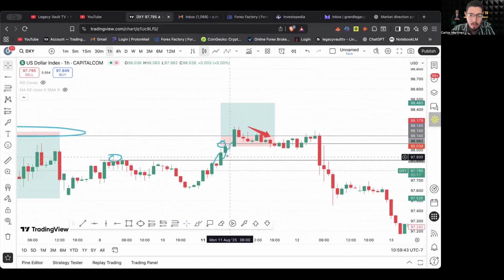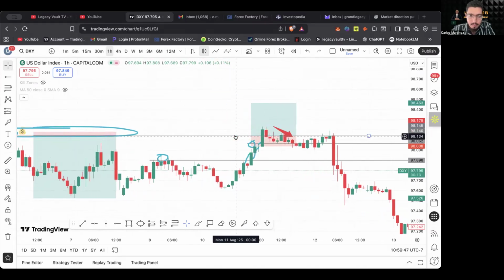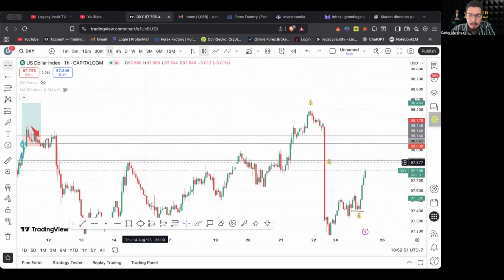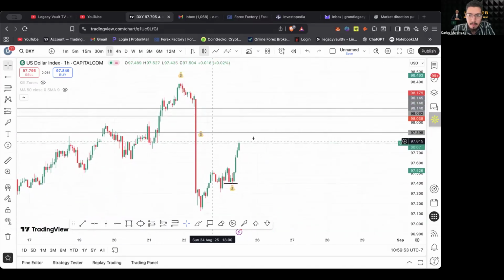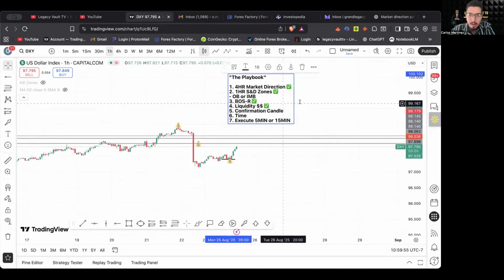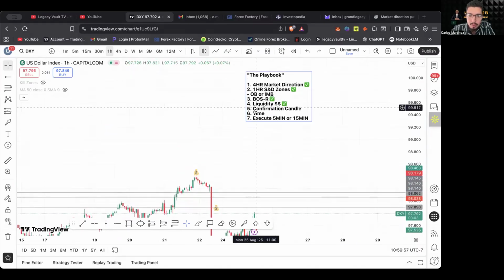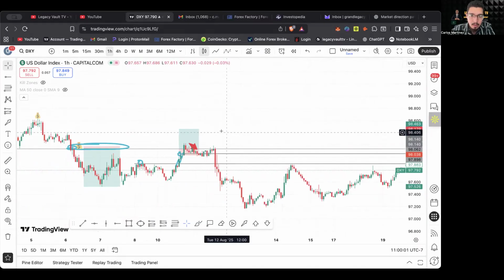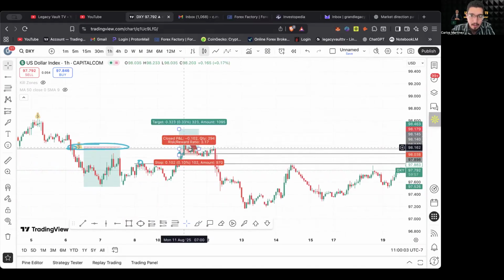You need more evidence, you need more confluence before you enter this buy or sell order. That's why following each step is very important, because you spot the liquidity. Yes, you spot the liquidity, right?